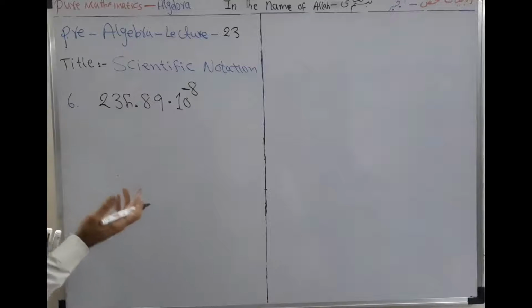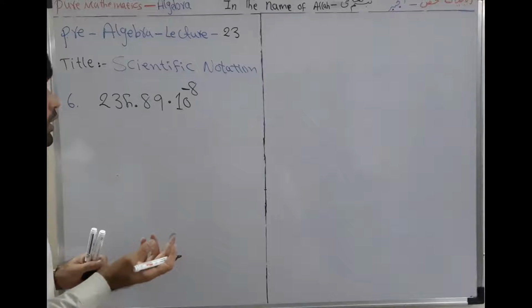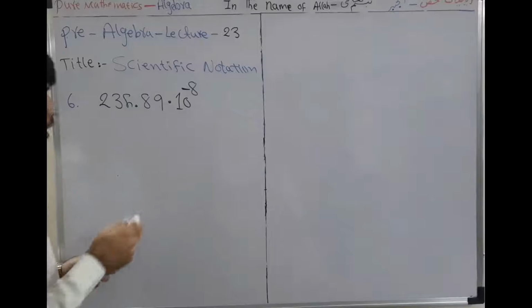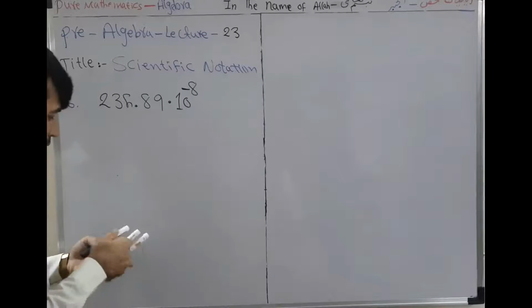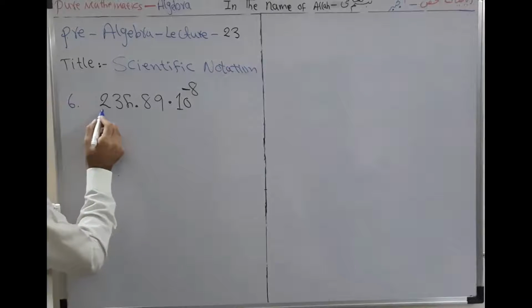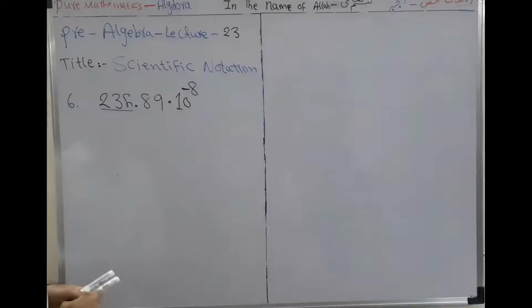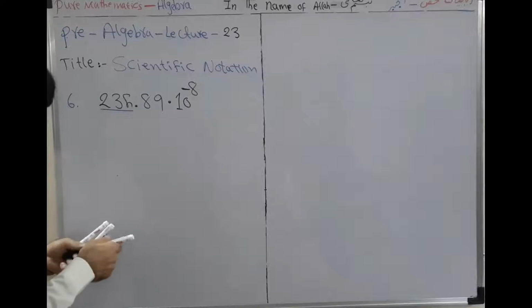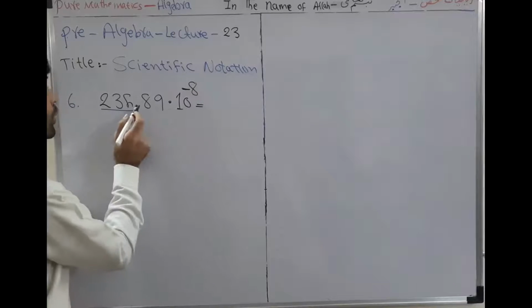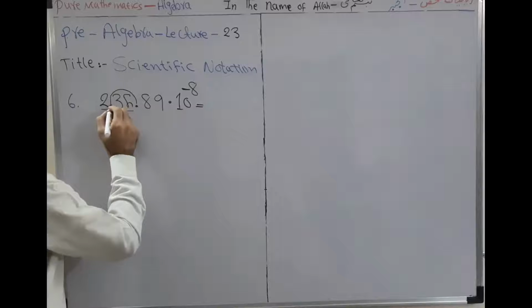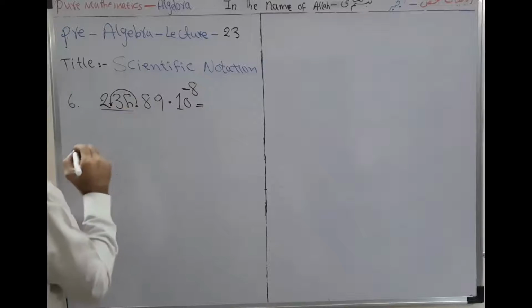Now, we want to write this number in scientific notation, but actually it is not in the form of scientific notation. Why? Because this is 200. It is more than 10. So now the decimal point will come in front of 2.